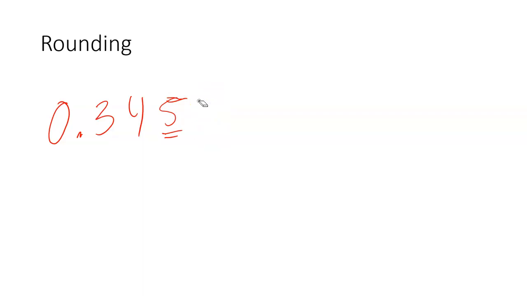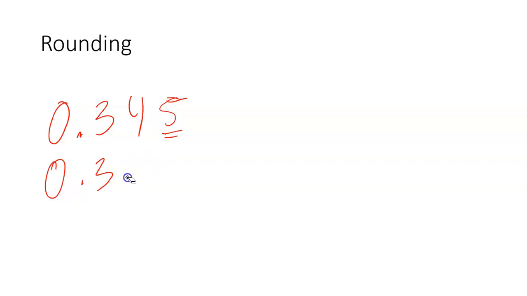So for us, this is an exact 5. In this case, we need to go to the closer even number to the one we have here. In that case, we will go to 0.034, the closest even number that we have there.